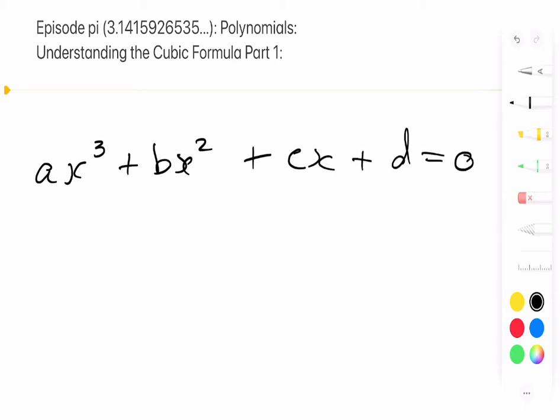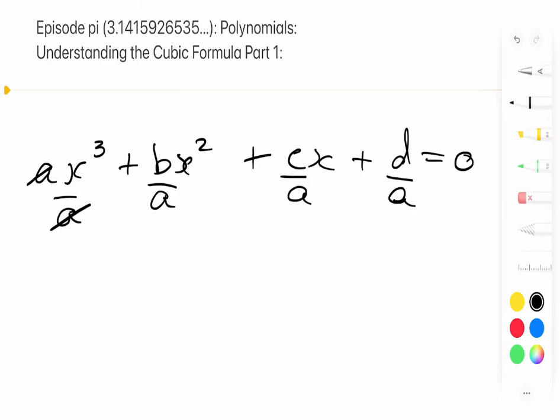First step, as always, is to divide through by a. This will get the x cubed coefficient equal to 1. And, of course, 0 divided by a will just remain as 0.